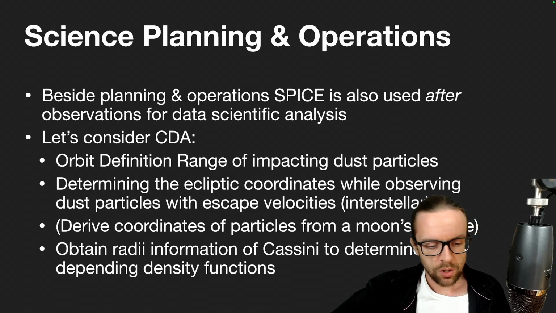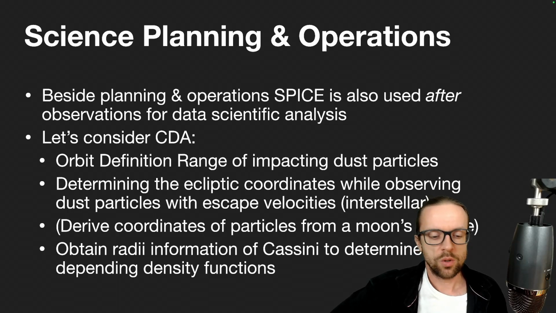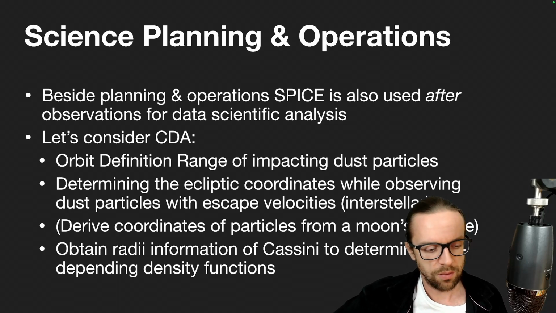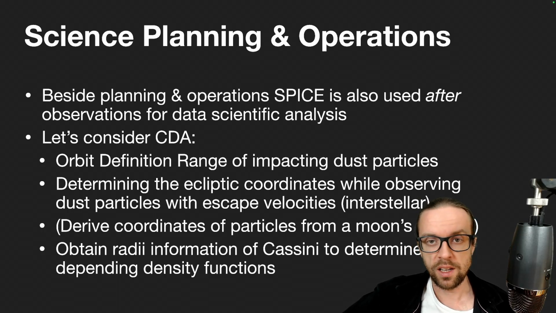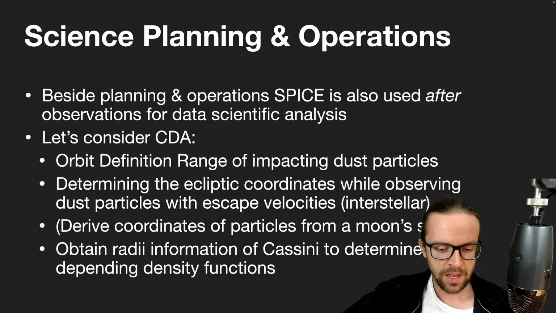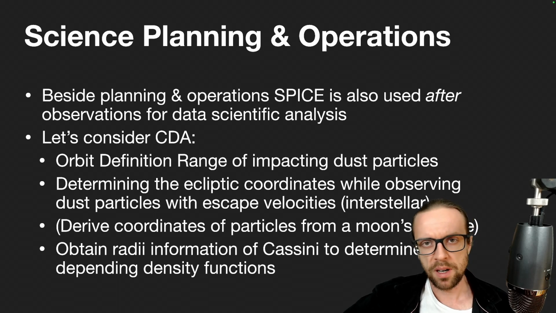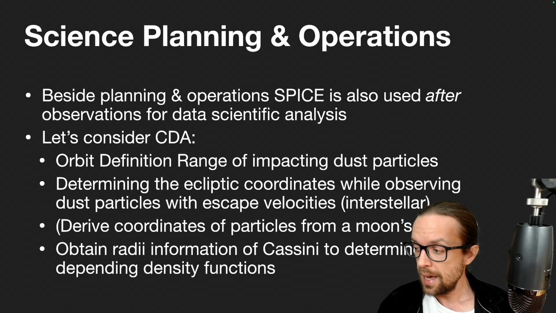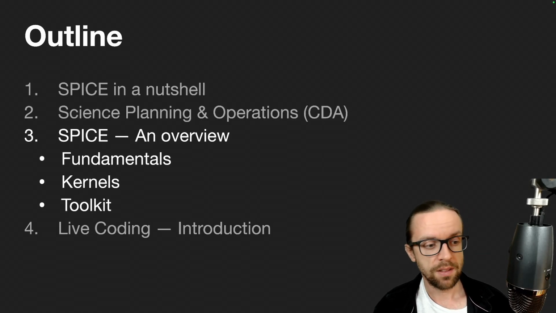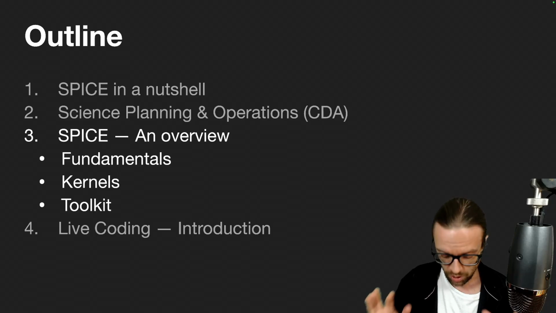Last but not least, also for the dust guys, determining the density of the dust for different radii was something that was being considered, and SPICE is helping us because the structure of SPICE helps us to determine where Cassini was. And we will talk about this now in the next part of this SPICE overview.